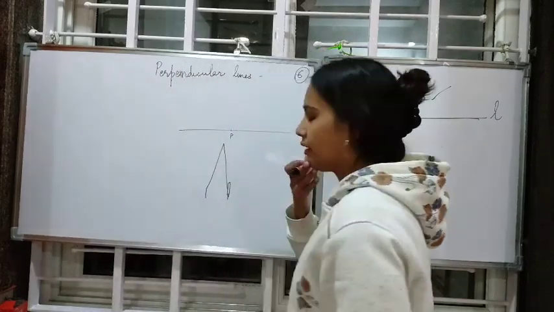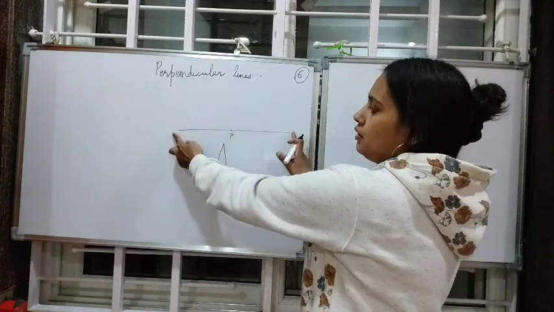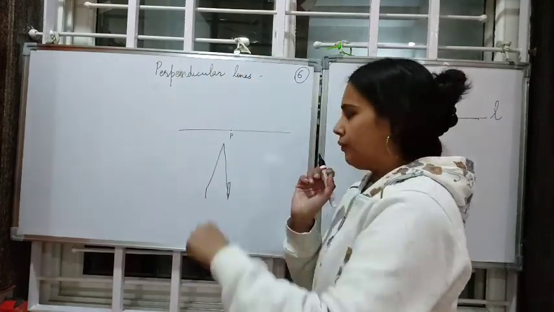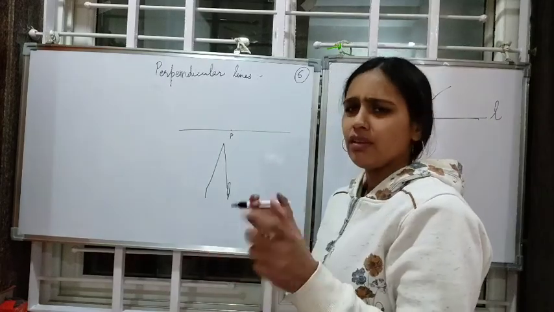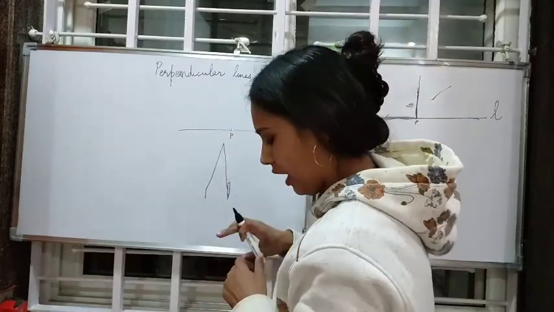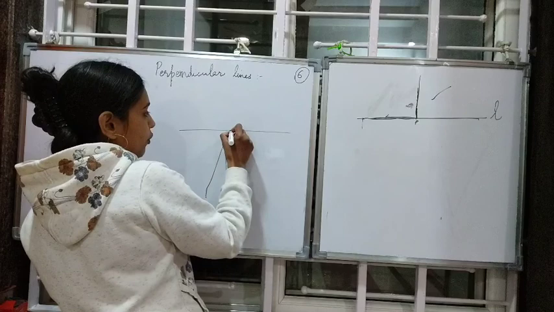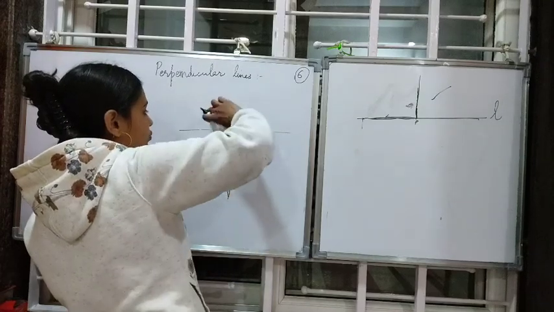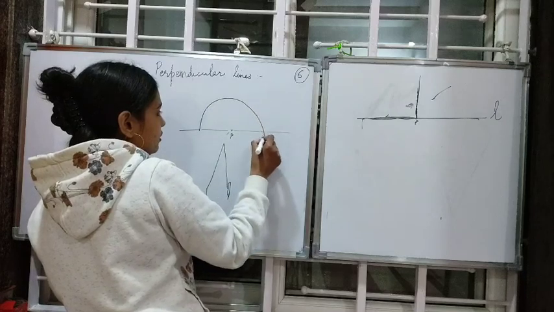Take any radius more than half of this line L, or you can take any radius, no problem. And then draw an arc through point P, put your pointer here and like this you draw an arc. So you will get an arc like this.